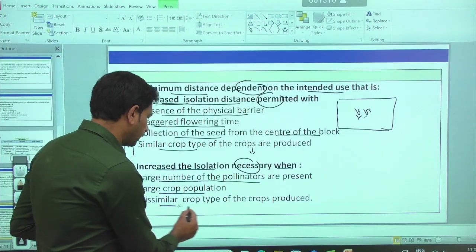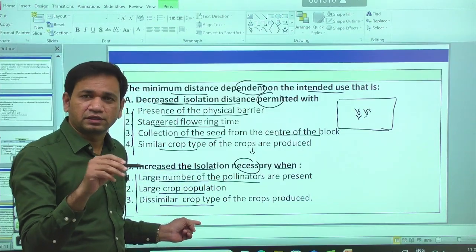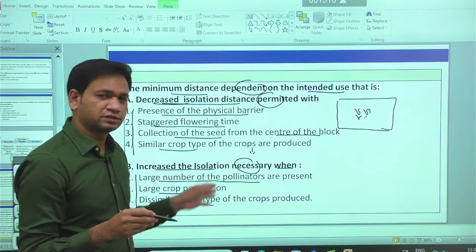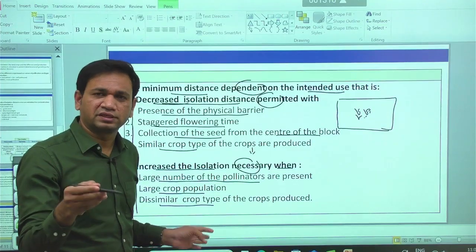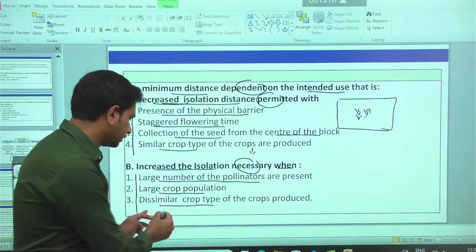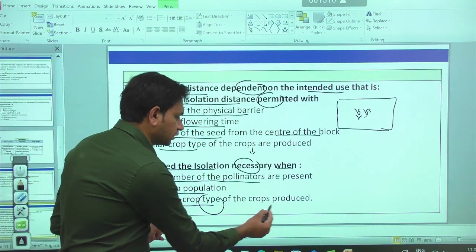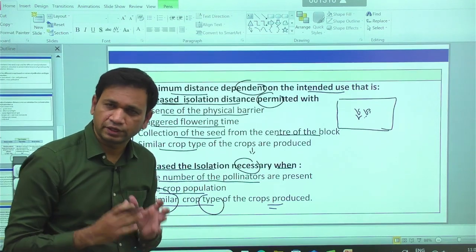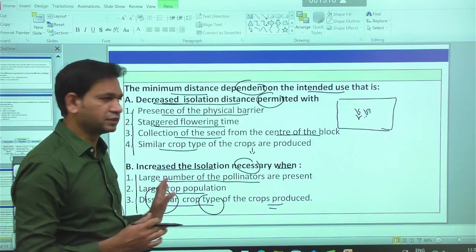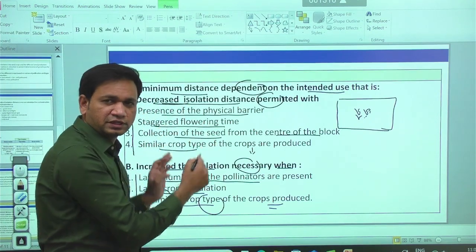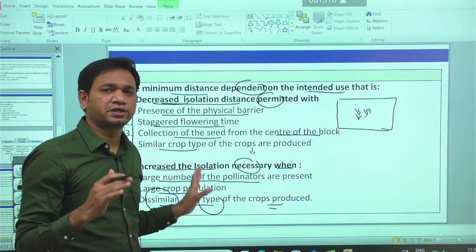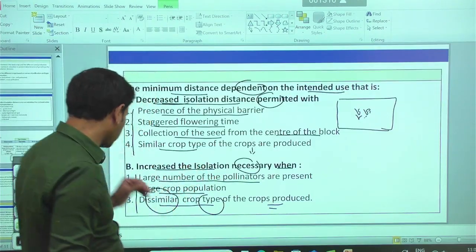Then whenever you have dissimilar crop types in the given ecosystem, like brinjal, potato, maize, sugarcane, more isolation distance is required. These are the conditions under which increased or decreased isolation distance is recommended.